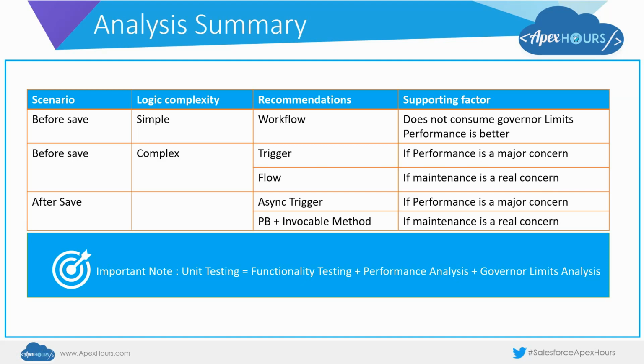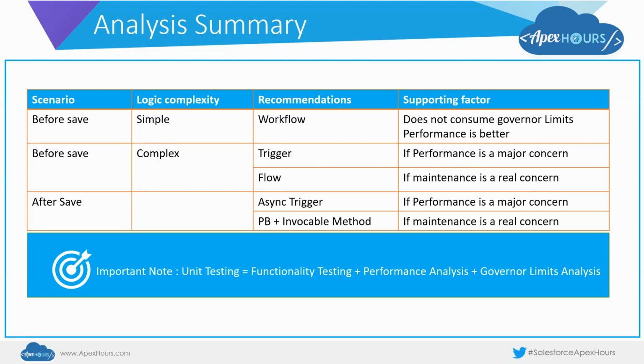Another important note is that normally when you are implementing some functionality, you will do unit testing. That is to just make sure that your functionality is working as expected, and you might also do bulk testing. But in my opinion, in addition to that, you also need to do the performance analysis and governor limits analysis.